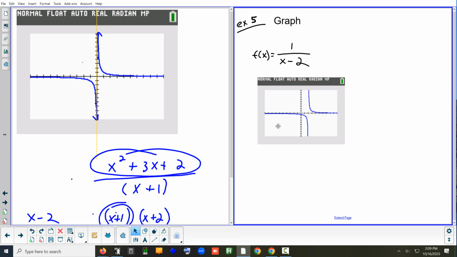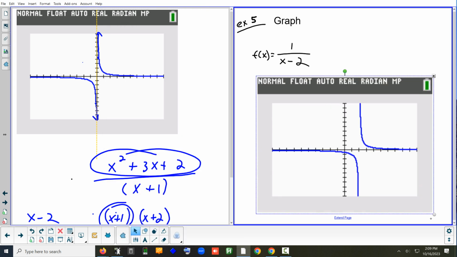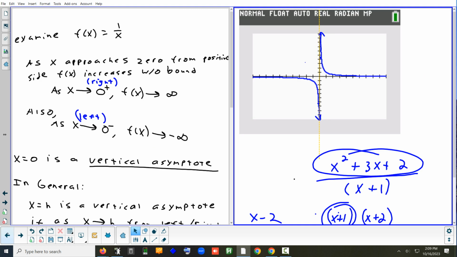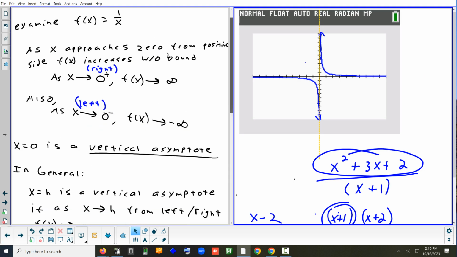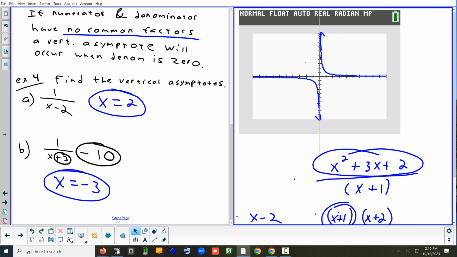And there is your vertical asymptote. It's right at 2, x equals 2. Anyone need me to graph? That was that one, this bottom one. Pretty much the same thing. You see a vertical asymptote at -3.